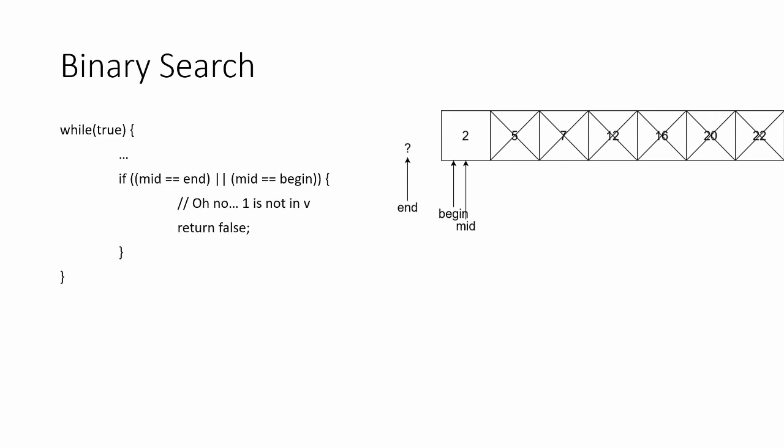We don't know. So finally, we check if mid is equal to begin or end. In the last case, mid was equal to end, and that's what triggered the failure in the search. However, here, begin is equal to mid, and that's what's going to trigger our failure of the search.